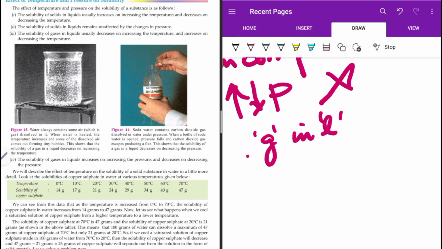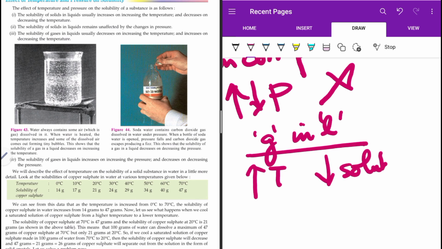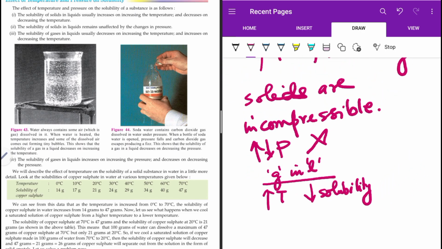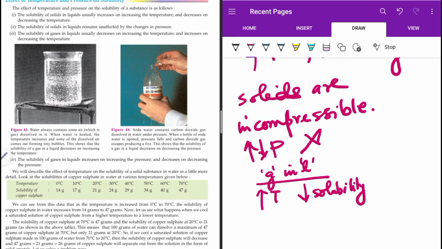So solubility of gas in liquid, you increase the temperature, the solubility will decrease because gas particles are free to move. They are always in random motion, and when you increase the temperature, the kinetic energy of the gas particles goes on increasing, and they will have a greater tendency to leave the surface of the solution and escape out.